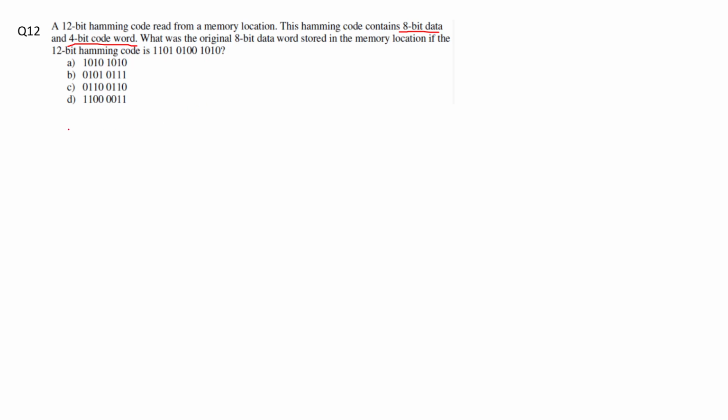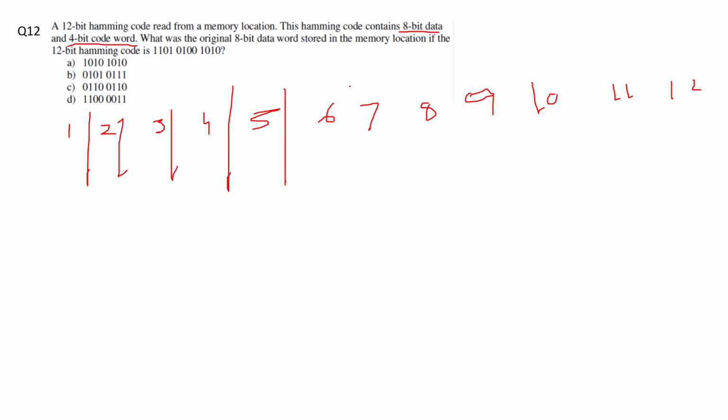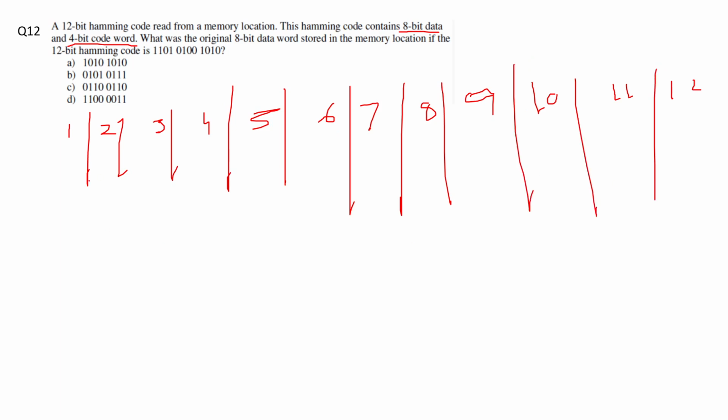So we can write it down like this: 1 2 3 4 5 6 7 8 9 10 11 and 12. So my received code was 1 1 0 1 0 1 0 0 1 0 1 0.